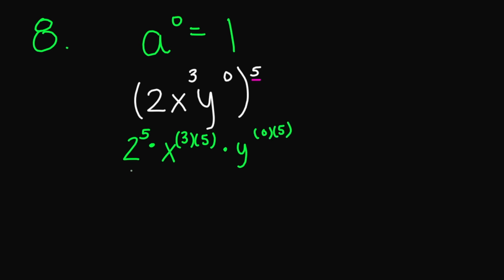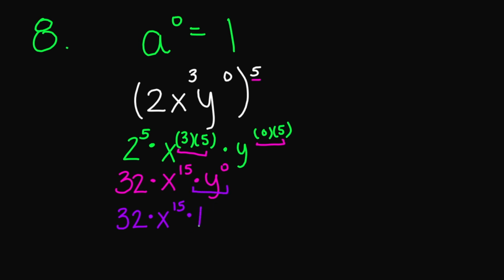So 2 to the 5th power is going to give us 32, times x to the 3 times 5 which is 15, times y to the 0 times 5 which is 0. So you're going to get 32 times x to the 15th power times y to the 0. This is going to give me 1. So you have 32 times 1 is 32 times x to the 15th, and your final answer is 32x to the 15th power.